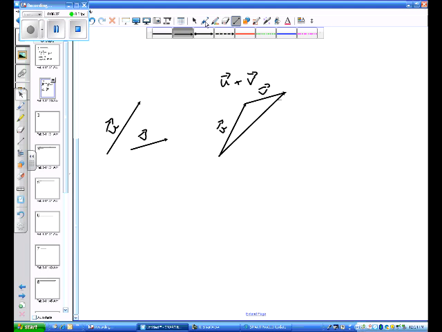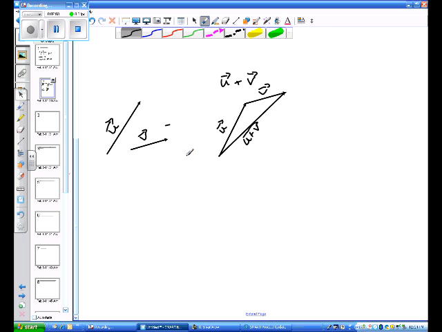So this would be our u plus v. That would be the resultant of that. And we'll use this type of addition when we're talking about navigation in planes with the wind acting upon them, where you have a force that's acting constantly upon the other one.